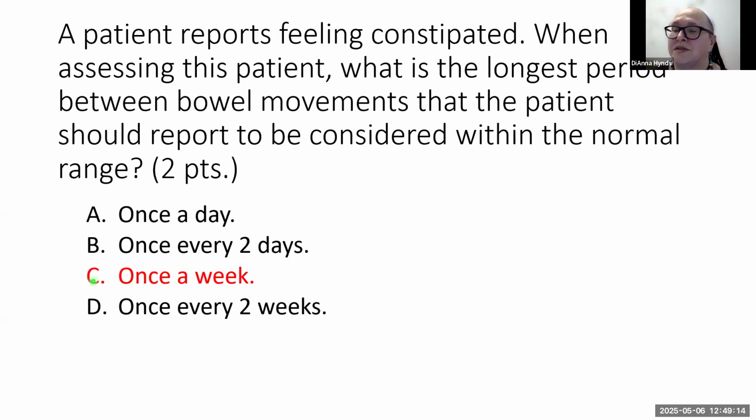So that is the best answer. These two are shorter than that. And so the longest one in the answer choices is once every 2 weeks, but that's actually too long to be considered normal. That would be considered abnormal. Once a week still fits within the normal range, and so that's the best answer here.